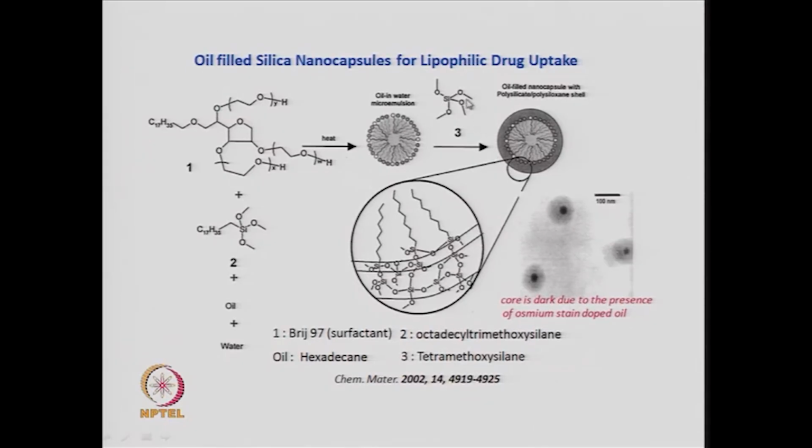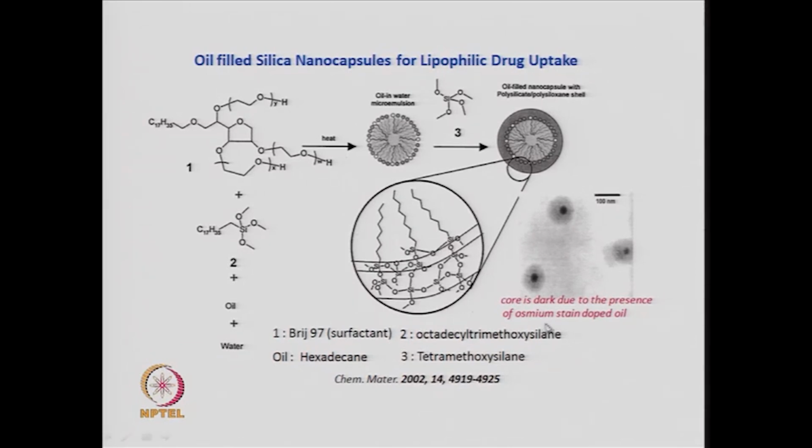So, the shell is actually formed when you add this tetramethoxysilane, and you can know this by doing transmission electron microscopy, where again you see the oil phase, which is shown here in dark, can be seen only when you use a stain. A stain is added to enhance the contrast in the electron microscope.